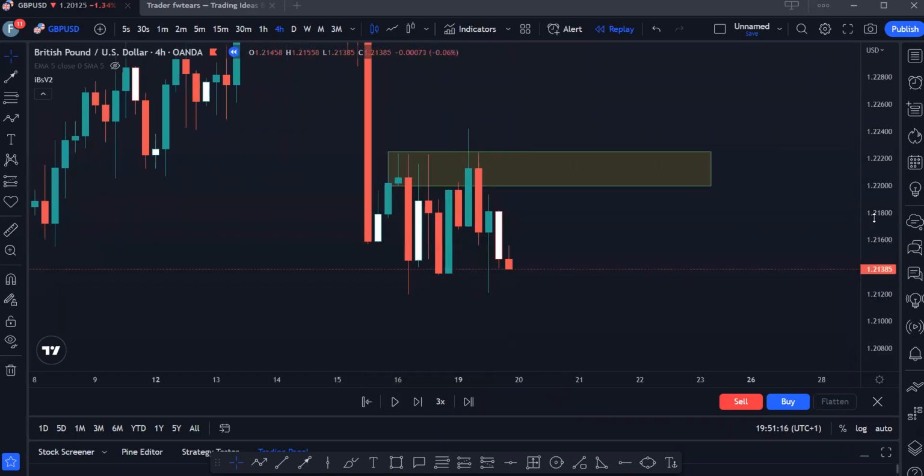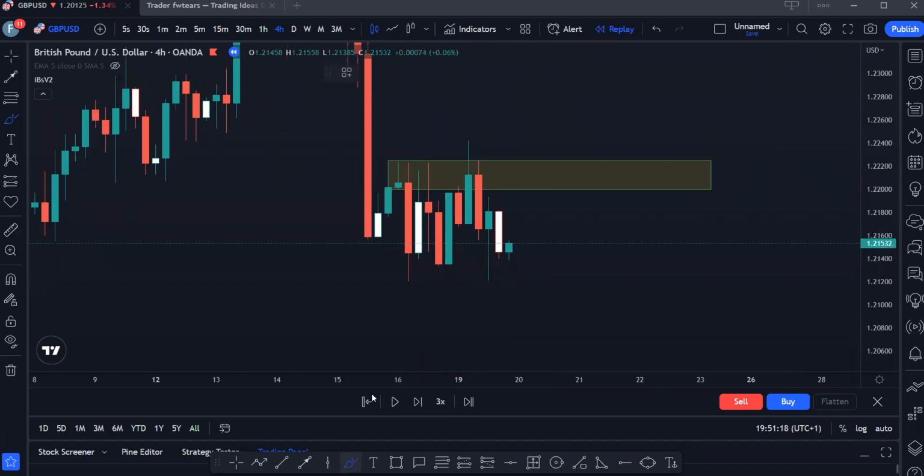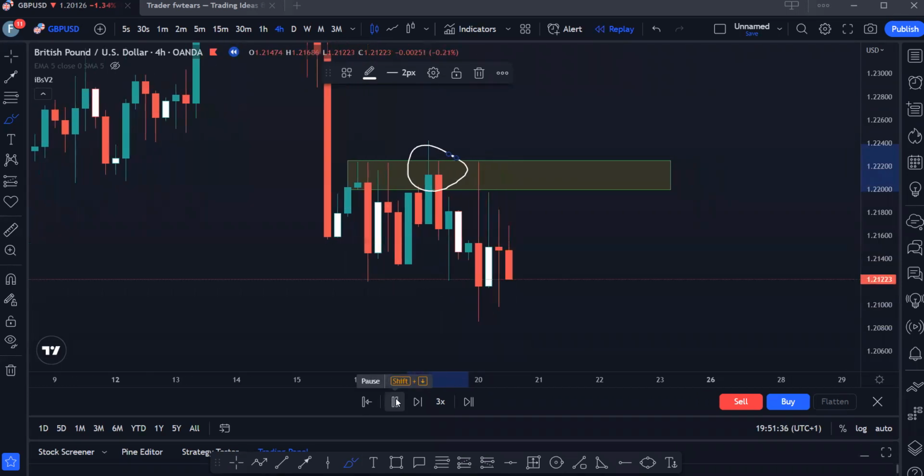Even though we can see a slight violation here, this is still weak, so this resistance is still valid. You would have seen an entry here for a sell, and then you would have been in profit.